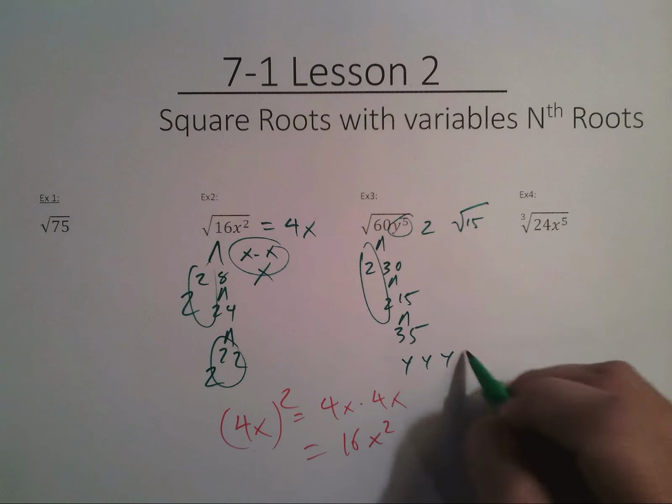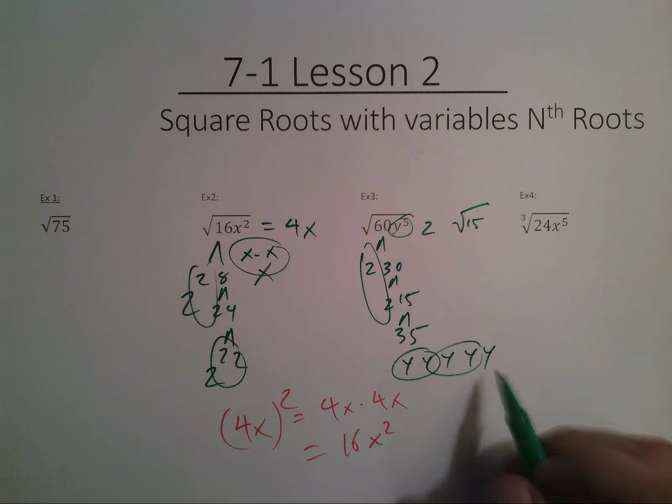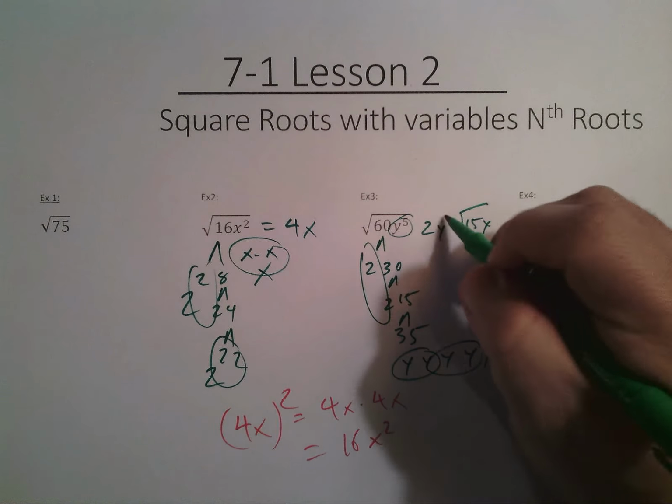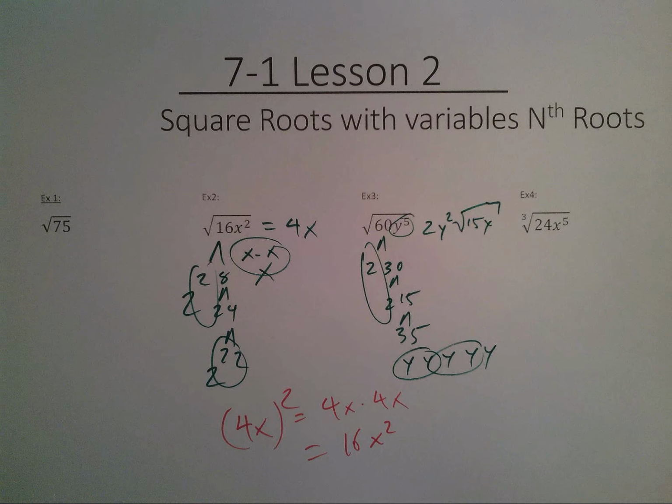Y, y, y, y, y. I pull one y out for that group of 2, I pull another y out for that second group of 2, but I leave one on the inside. Okay, there I go. So 2y squared, square root 15y. It may seem a little bit weird at first, but you'll get used to it. Anything that's a group of size 2 gets pulled out. Everything else that isn't stays behind.